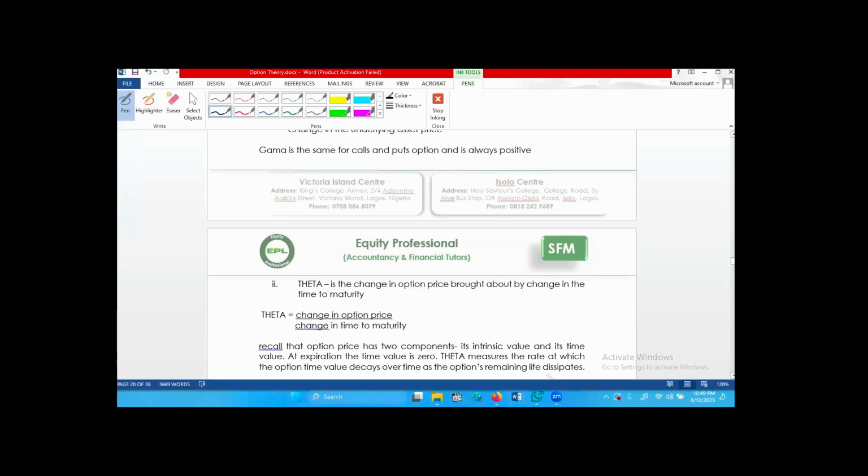Please remember, option price has two components.